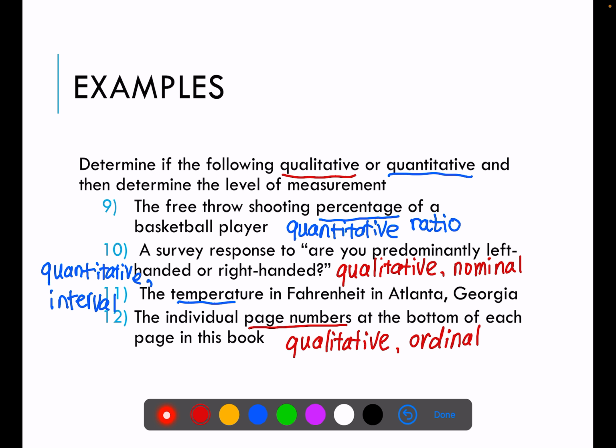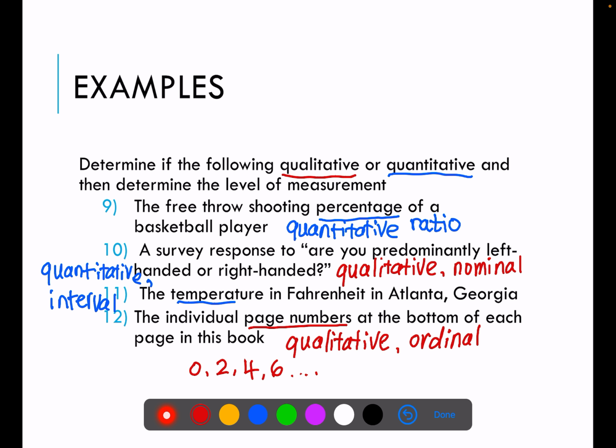Now think about page number also as your size, right? Like, what is my shirt size? A woman's shirt size could be size 0, size 2, size 4, size 6, and so on.